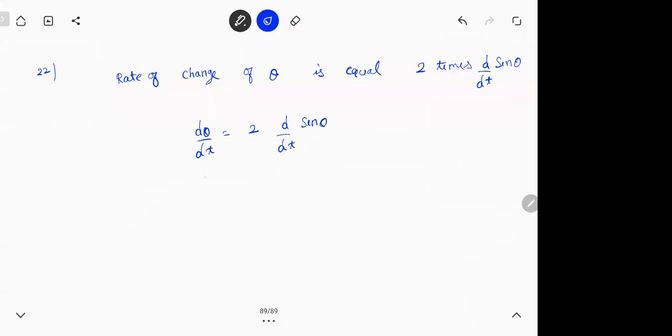Got it? So dt will cancel. So indirectly you're saying 1 is equal to 2 d sine theta by d theta. So what is the differential of sine? Cos theta, no? Cos theta is half. So theta is how much? 60 degrees.